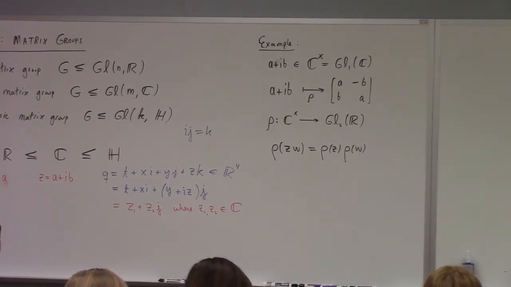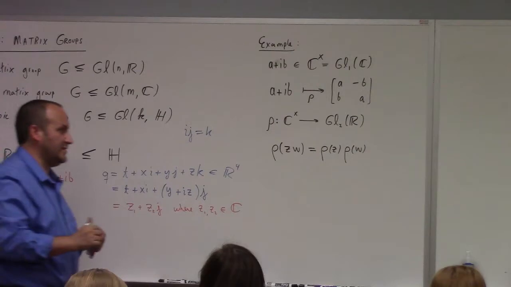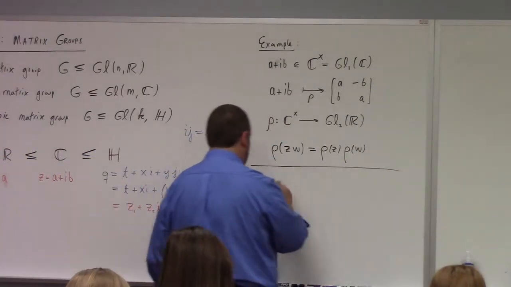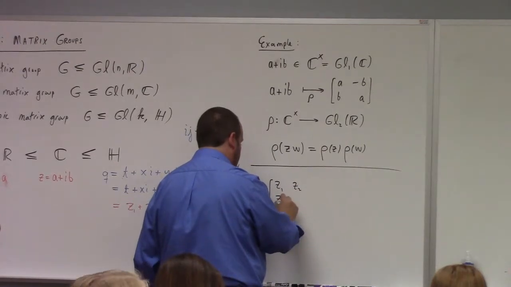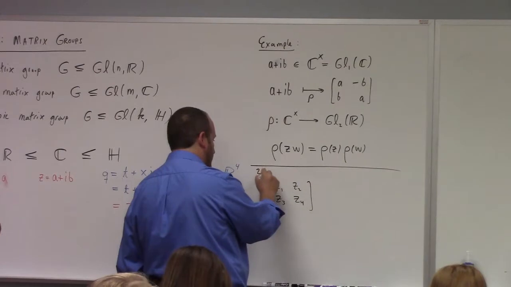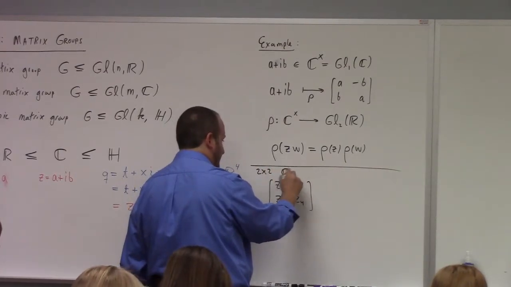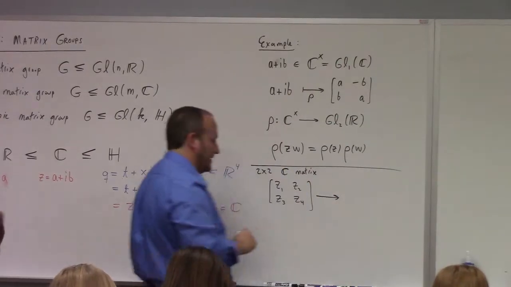So essentially what you can do, you can just do this trick again. Suppose you had a 2 by 2 complex matrix like this. Suppose you had a complex matrix z1, z2, z3, z4, and you wanted to, so here's a 2 by 2 complex matrix. What would the corresponding real 4 by 4 matrix look like?